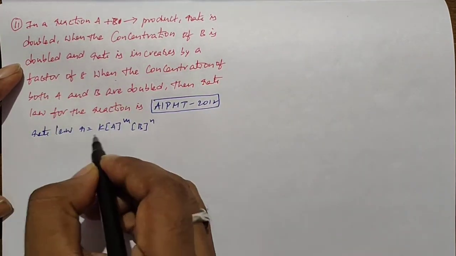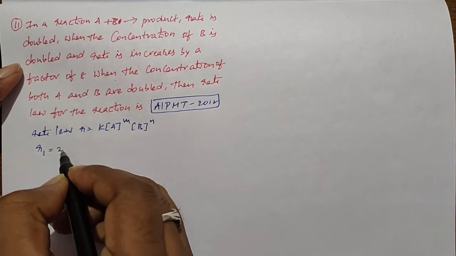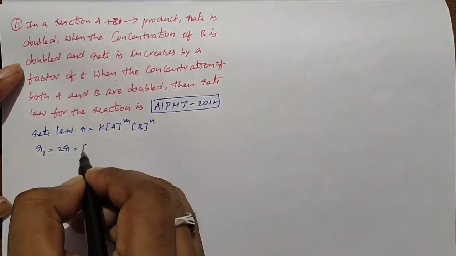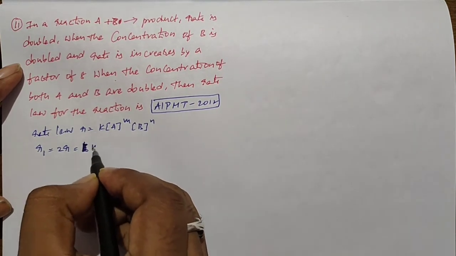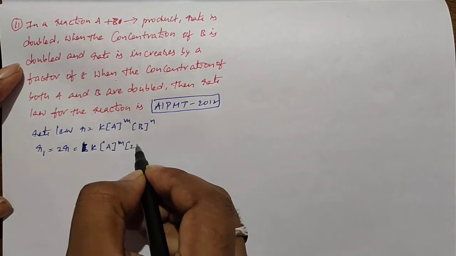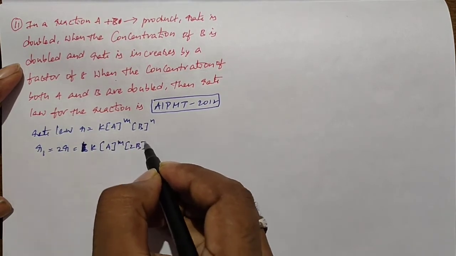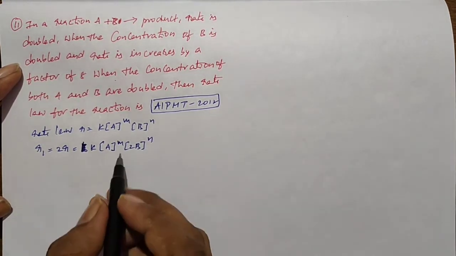So in the first set I take R1, where the rate is 2R when the concentration of B is doubled. Here A is still present like that, but B is doubled.